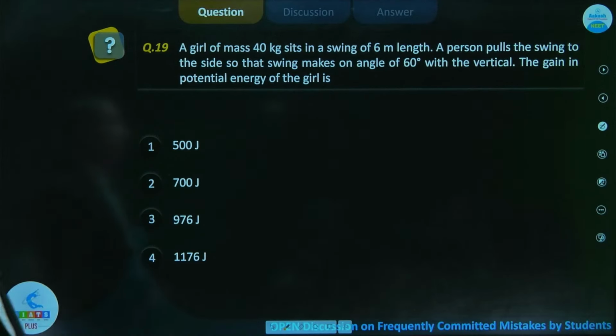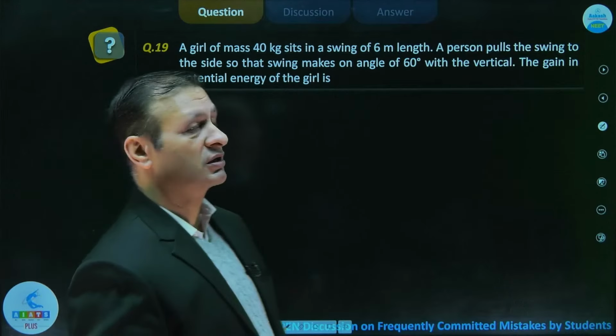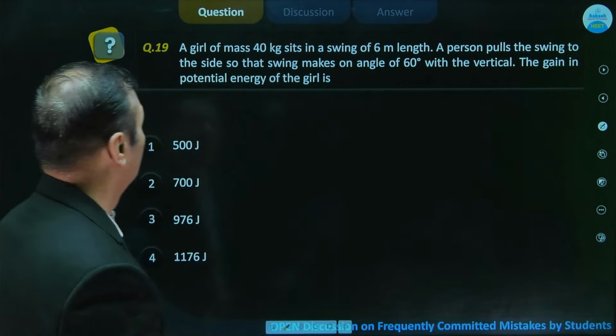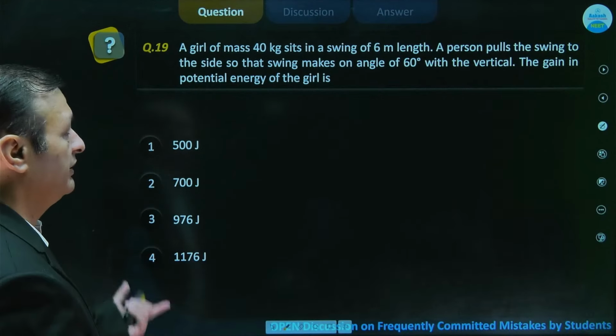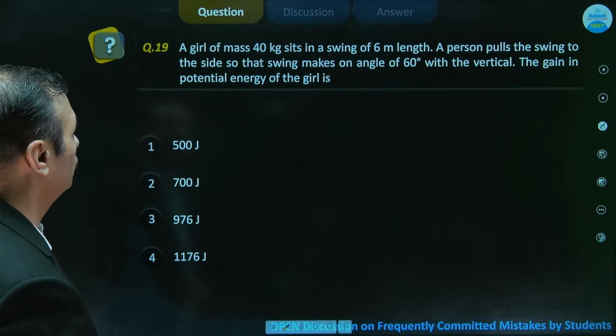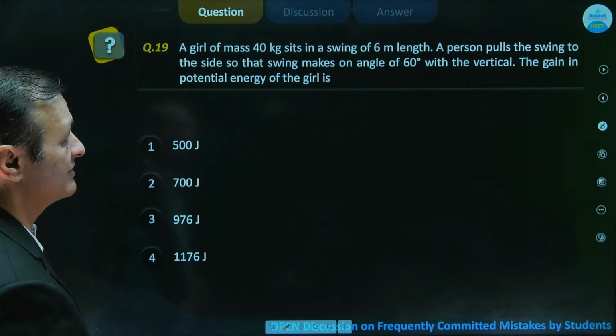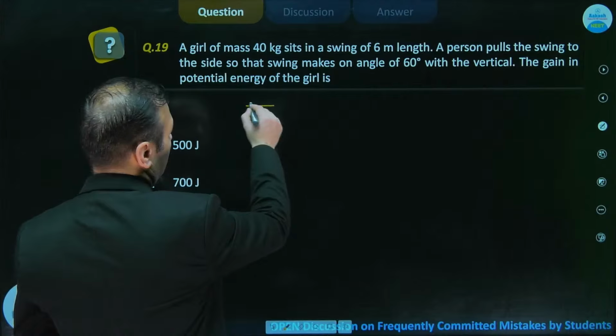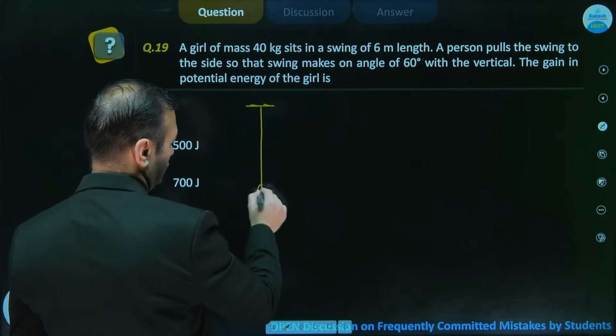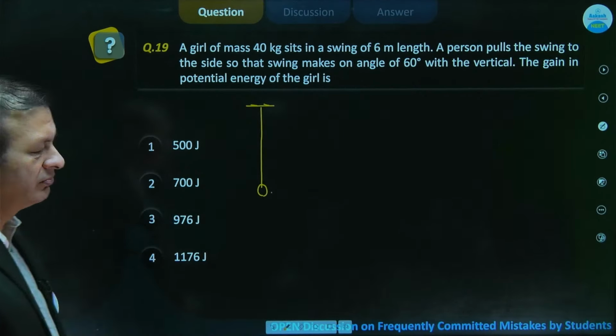Moving to the next question, a girl of mass 40 kg sits in a swing of length 6 meter. If a person pulls the swing to the side, so that the swing makes an angle of 60 degree with the vertical, the gain in potential energy is. So you have a swing, so this is like a pendulum.